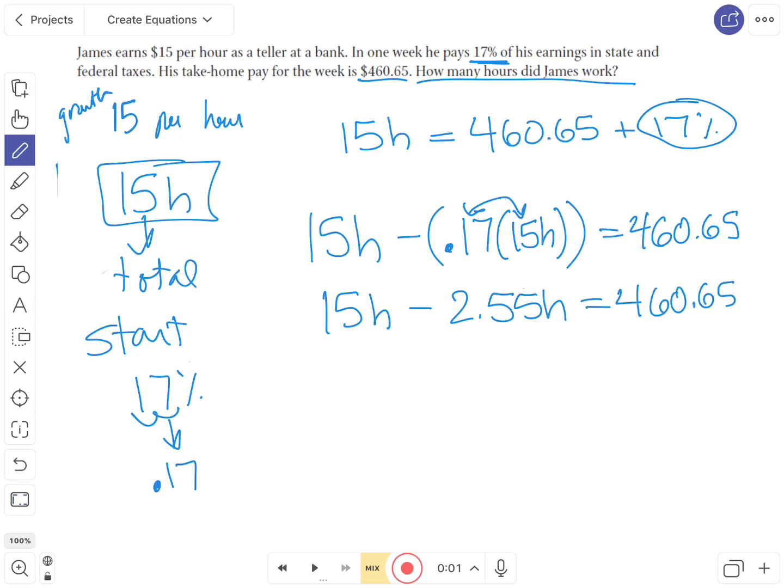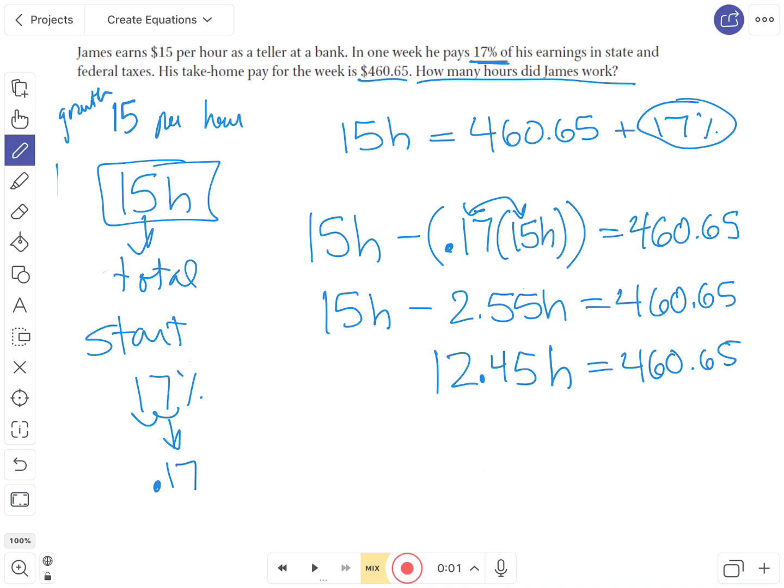We could simplify that even further and just go 15 minus 2.55, and we'd say his take-home pay is $12.45 times the number of hours he works.